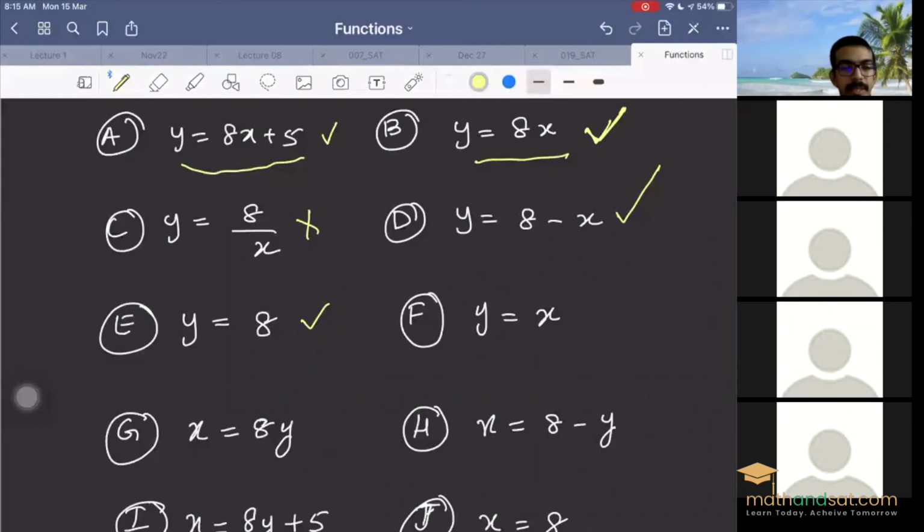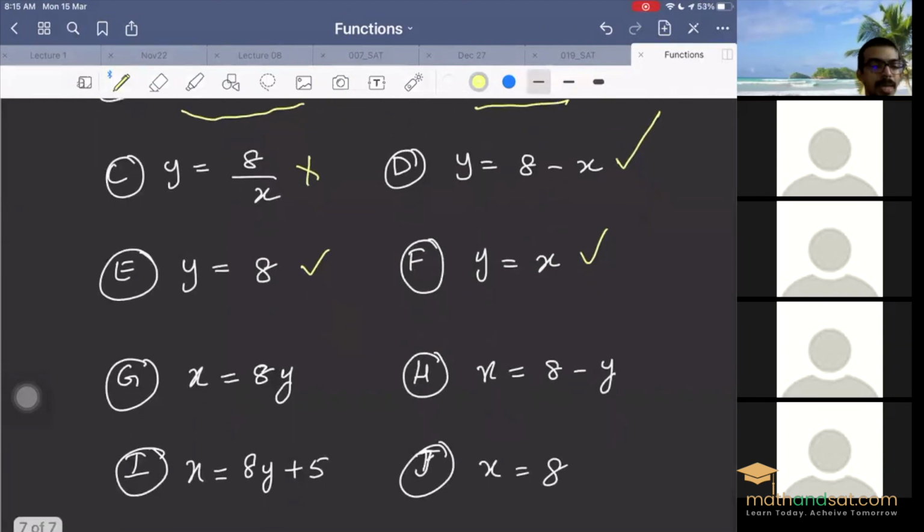Y is equal to x. Is that a linear function? Yes, that is a linear function. What about x is equal to 8y? You look at y. Y comes out as x over 8. Is that a linear function?